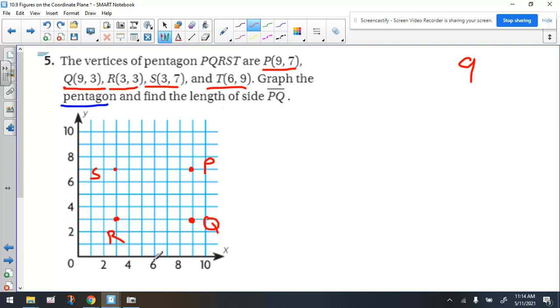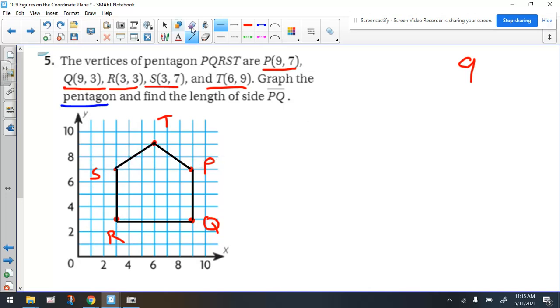And T, over 6, up 9. And now let's connect the dots, because they do want the shape to actually be formed by connecting the dots. So like that, like this. So it's a little bit off, like this, and like this.